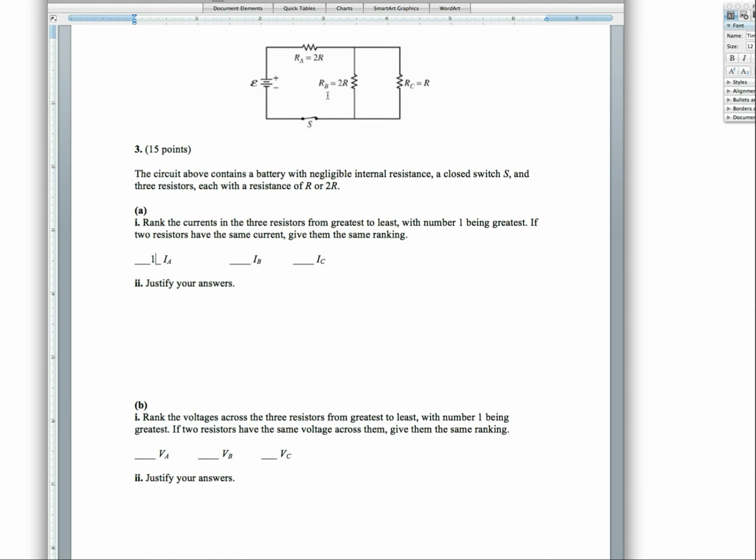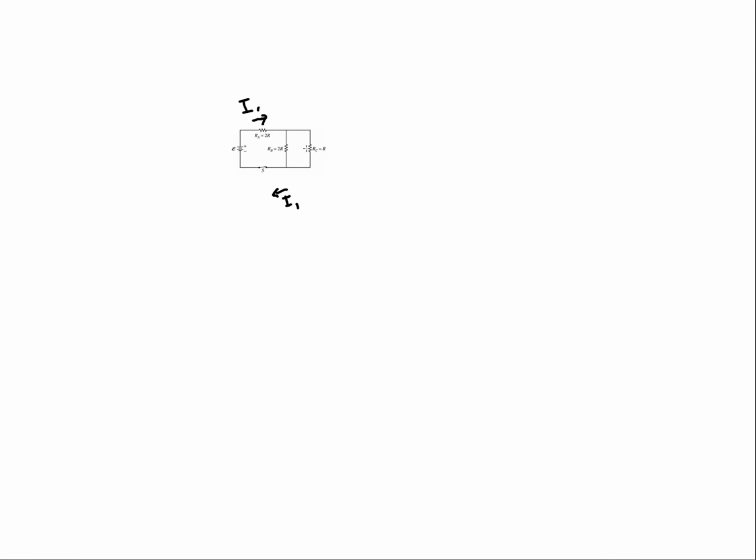Now, if we look at B and C, B has twice the resistance of C. We know that anything in parallel receives the same amount of voltage. Since both of these are receiving the same voltage, V equals IR.